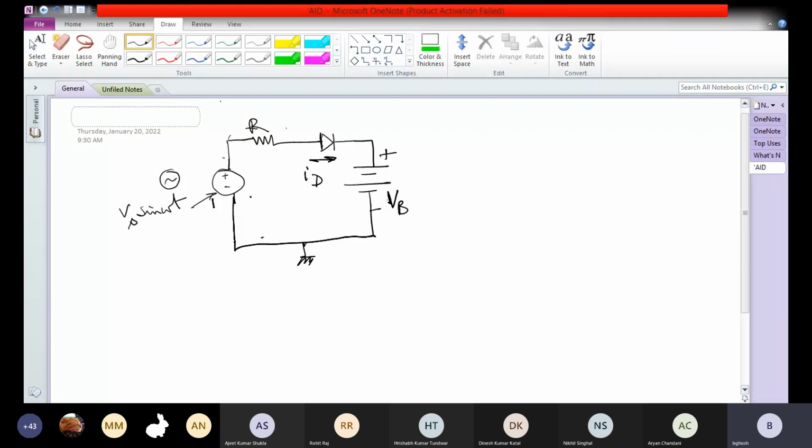Now, what is happening? We are given VB is 12 volt, R is 100 ohm, and V gamma here is 0.6 volts.